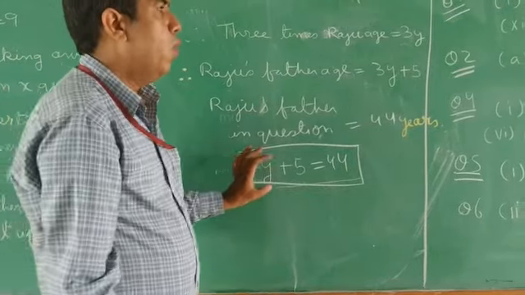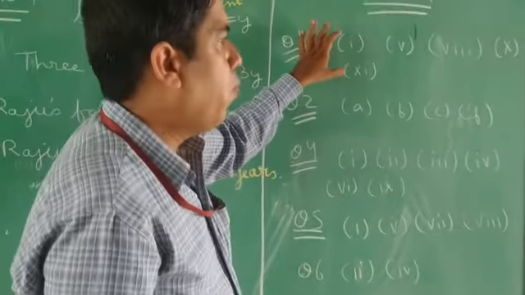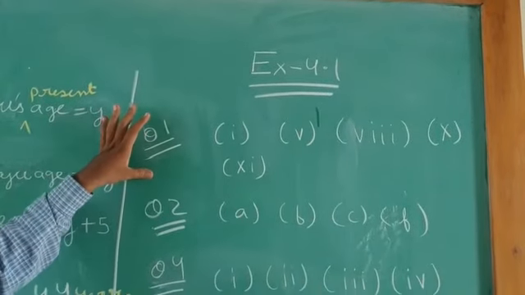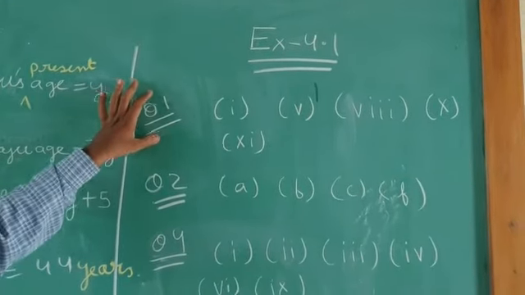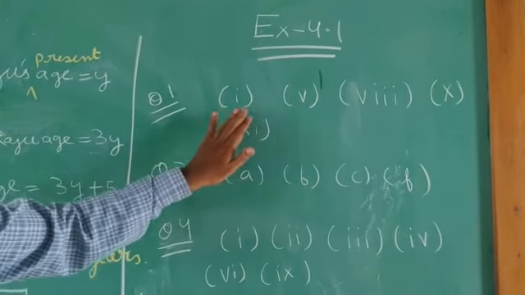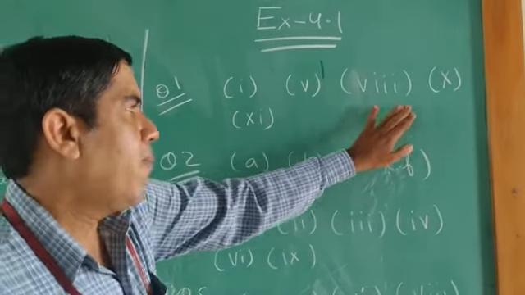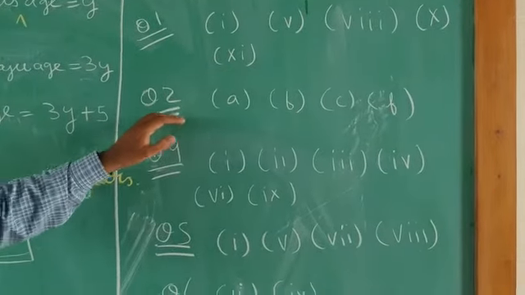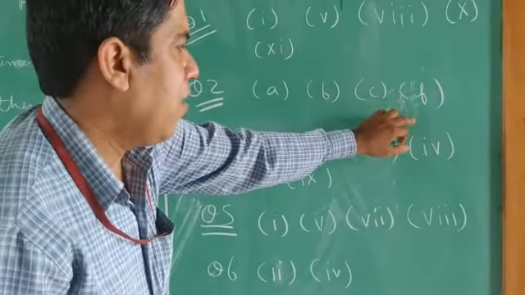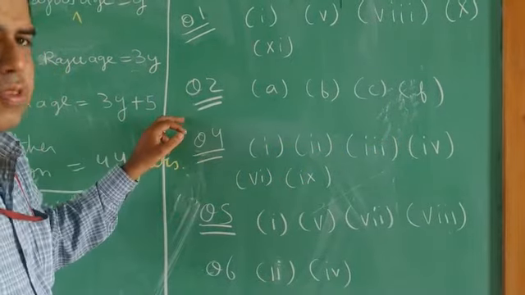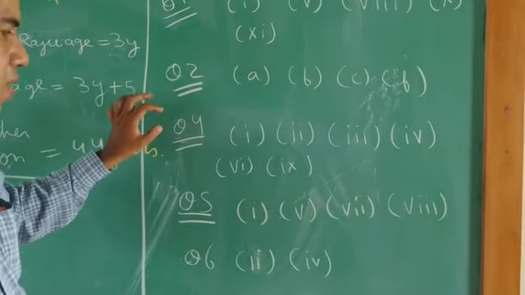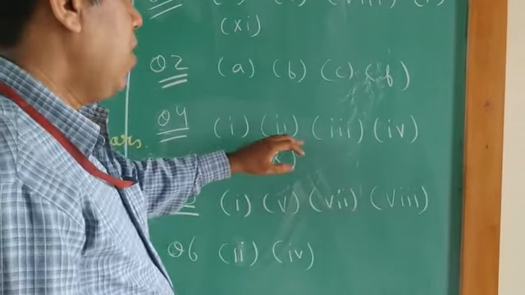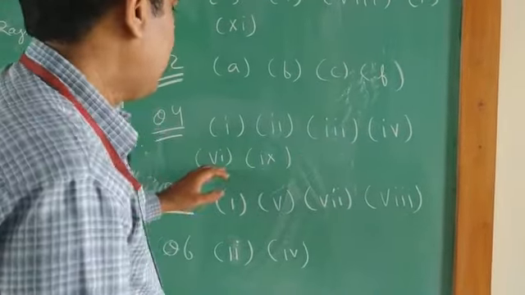Understood? Now I am coming to exercise 4.1. These are the problems which are going to be discussed in exercise 4.1. In question number 1, I am going to discuss parts 1, 5, 8, 10 and 11. In question number 2, A, B, C and F. Question 3 is not to be discussed; we have cancelled it. Question number 4: 1, 2nd, 3rd, 4th, 6th and 9.